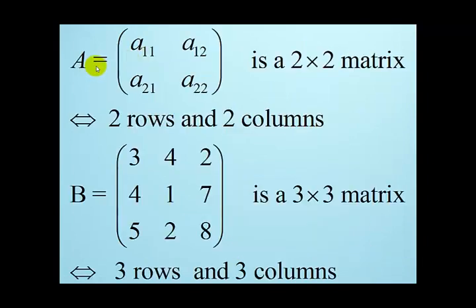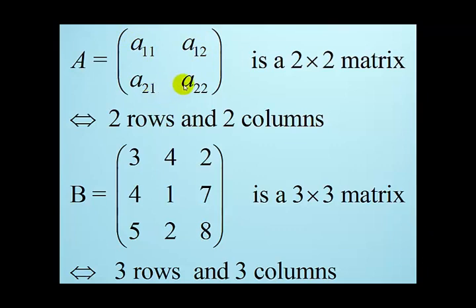Now A equals A11, A12, A21, A22. A11 means that the position of the A is in the first row, first column. A12 means the first row, second column. A21 means the second row, first column.